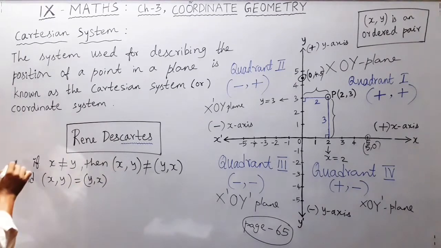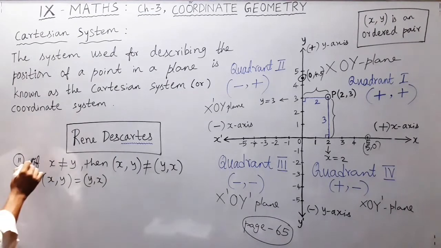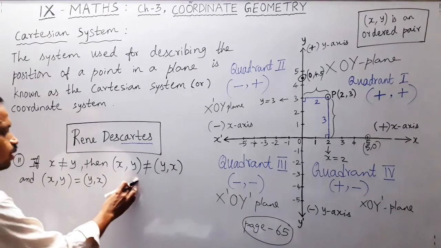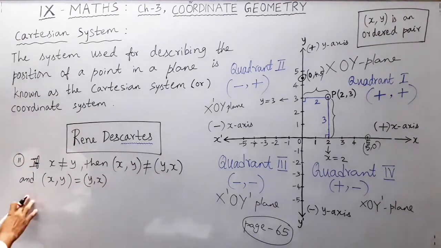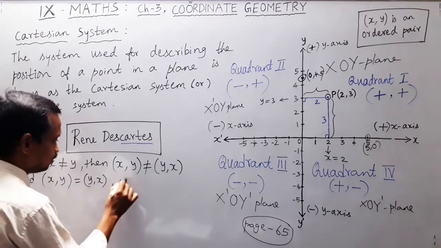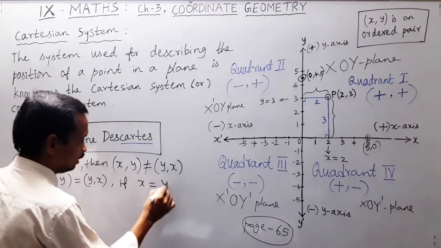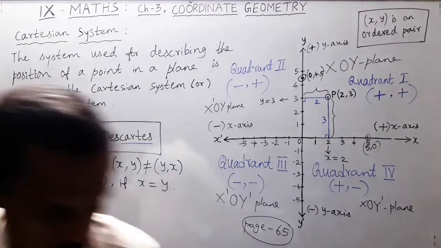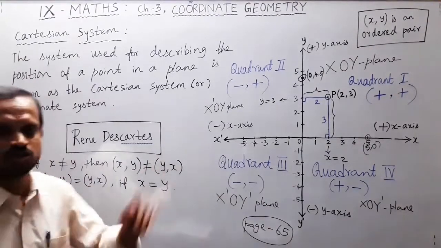This is point number 11 in your book. Okay, if x not equal to y, then x comma y not equal to y comma x, and x comma y is equal to y comma x if x is equal to y. So this is what is given in the last point of page number 65.